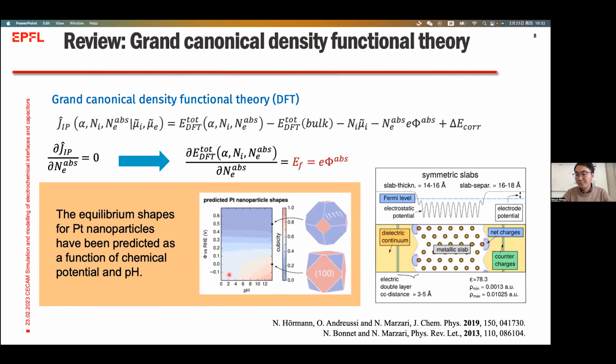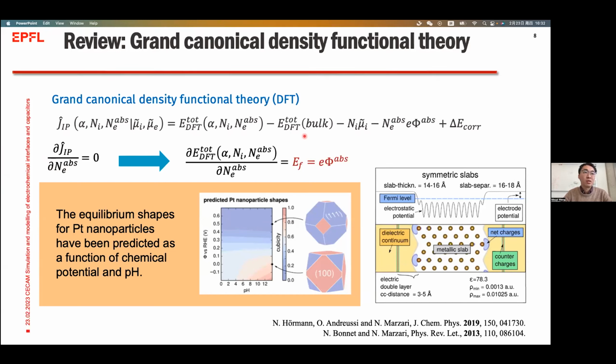For grand canonical DFT calculations, we want the electrochemical potential to be fixed, and the number of electrons can be changed during these calculations. To minimize this free energy, we want it not to change with respect to the number of electrons.